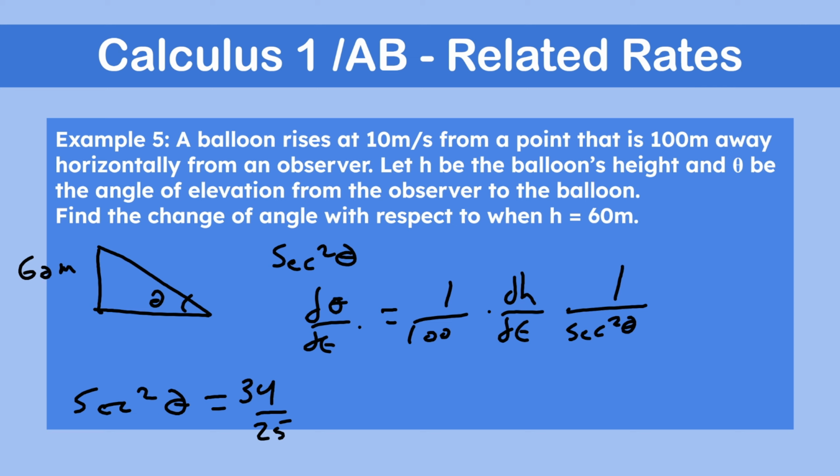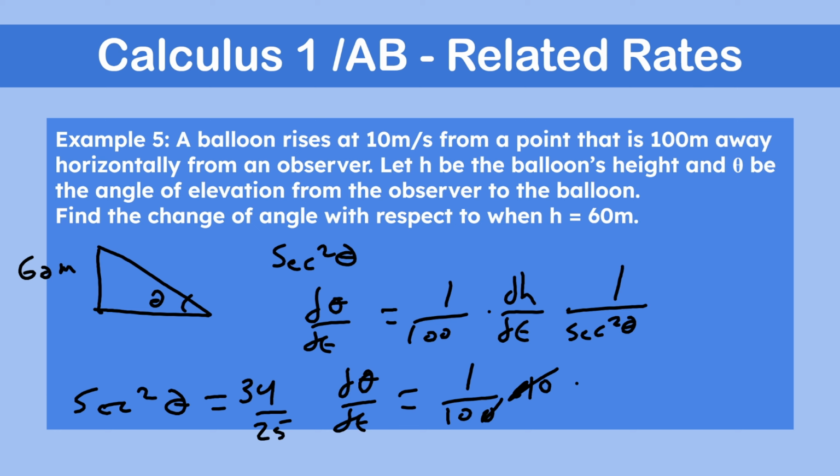I accidentally erased everything. So this is essentially where we were at. I just moved the secant over here because we just want the change in theta on its own. So we're going to plug in values into here. So you have 1 over 100 multiplied by the rate of change, which is 10. So these cancel out.